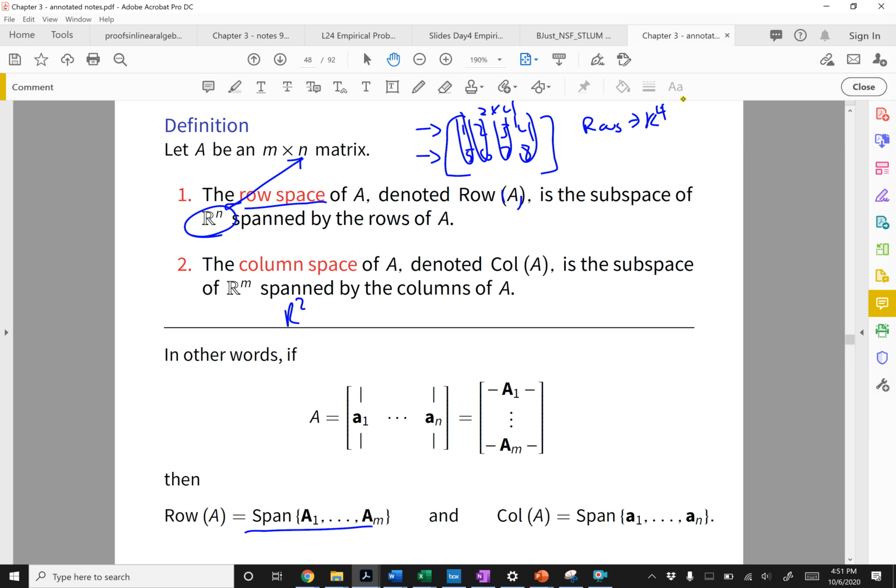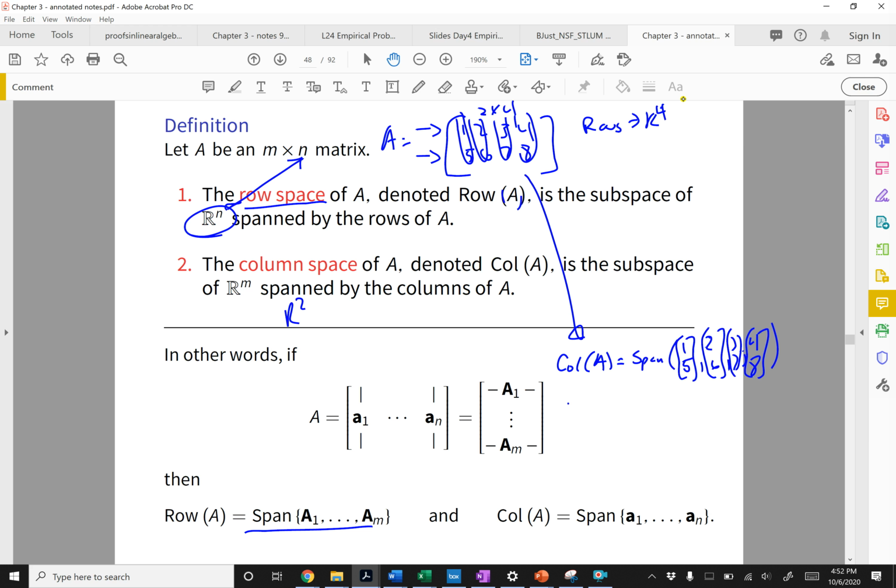So in this case, we can think about the span up here. The column space of A, for example, if we call this A, is the span of (1, 5), (2, 6), (3, 7), etc., (4, 8).